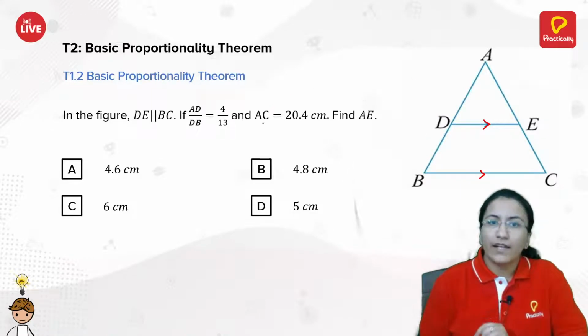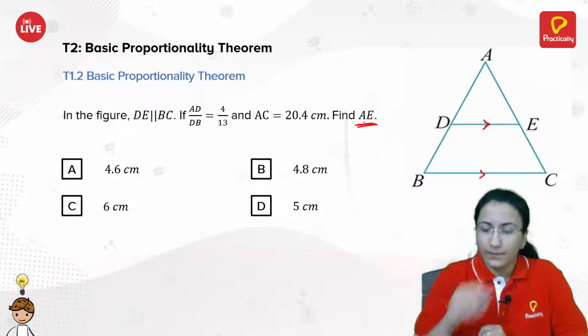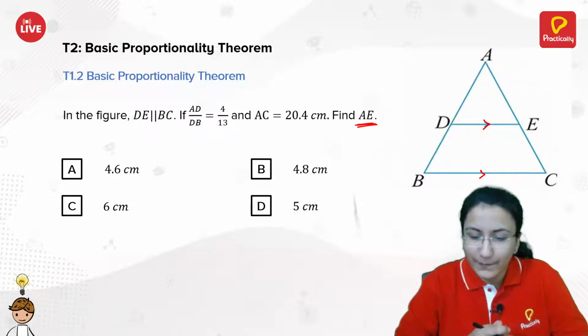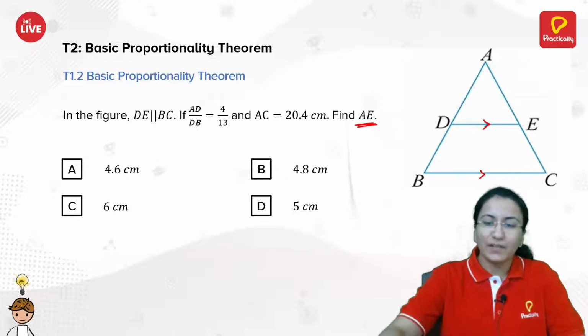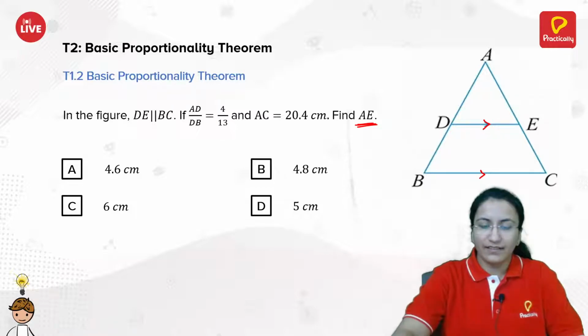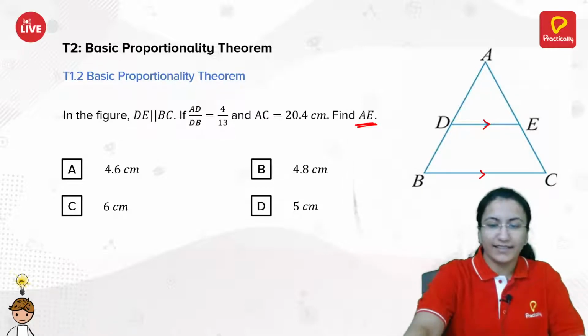You need to find the value of AE. Manoj said B as the answer. Okay, we'll see whether you are correct or not. Others, answer quickly so that we can proceed.